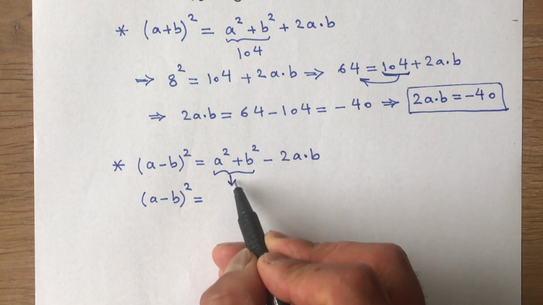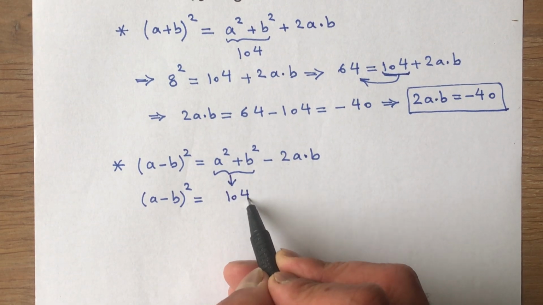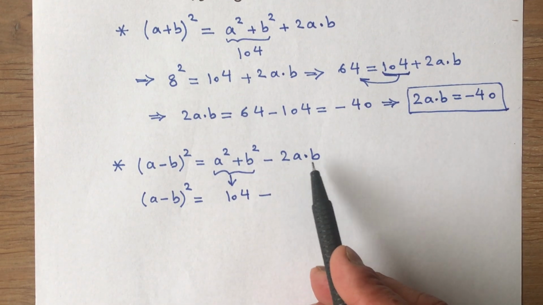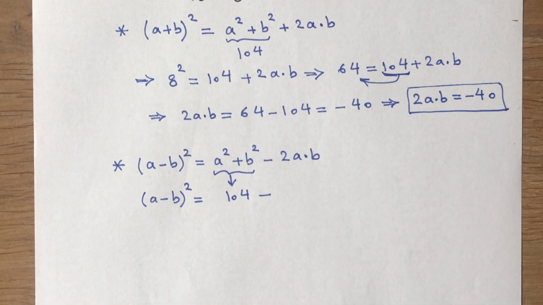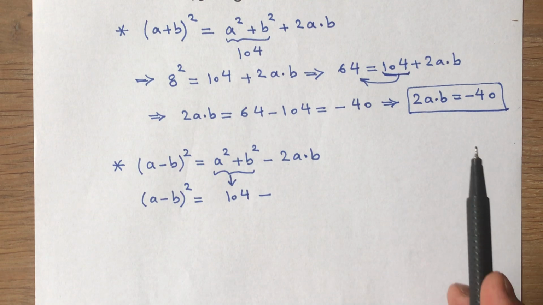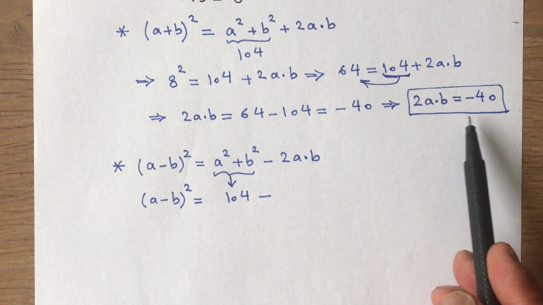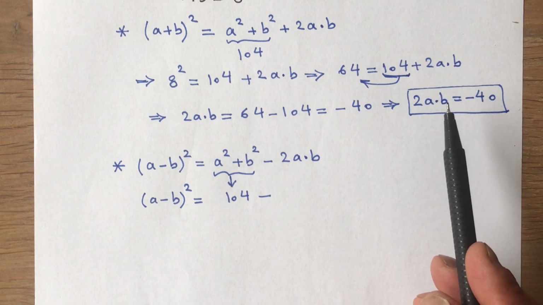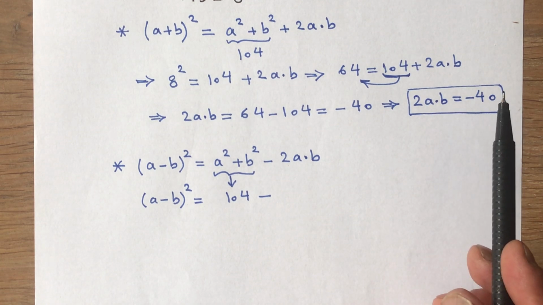Therefore, this one is 104 minus 2 times a b, which we obtained just before: 2 times a times b is minus 40.